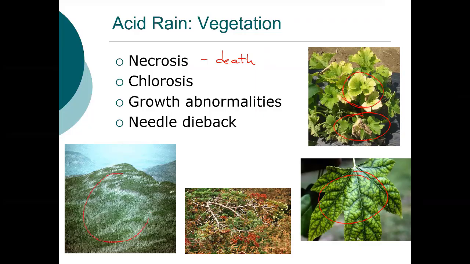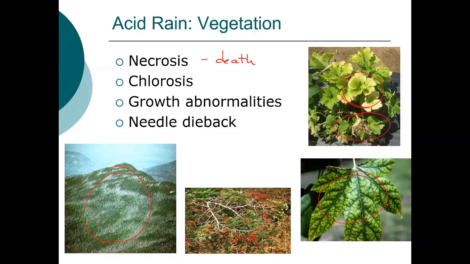You see that here, what happens is the acid forms a film on the needles of pine trees. It actually dissolves the waxy coating on the pine needles, and that prevents the pine needle from holding in water, from retaining water.